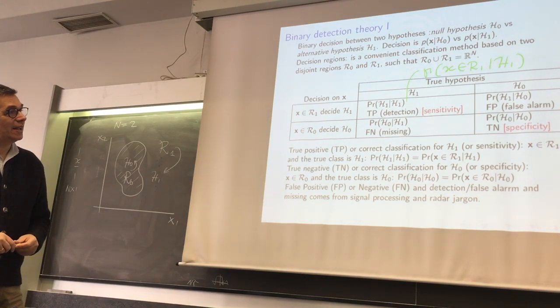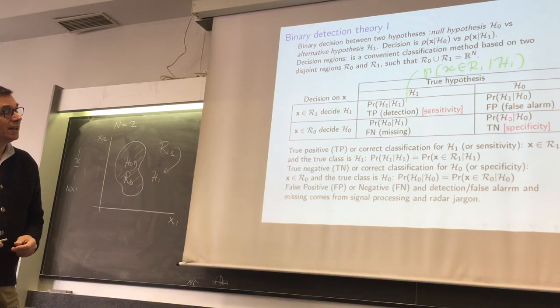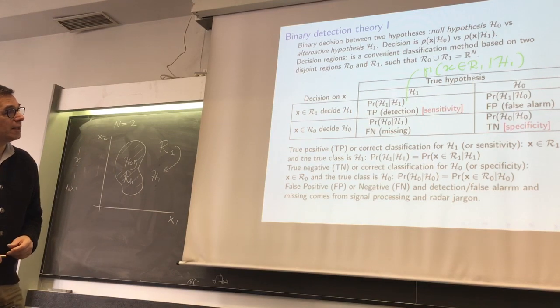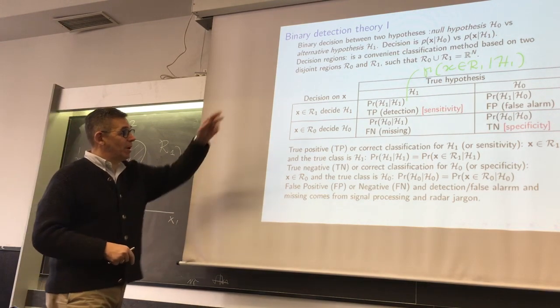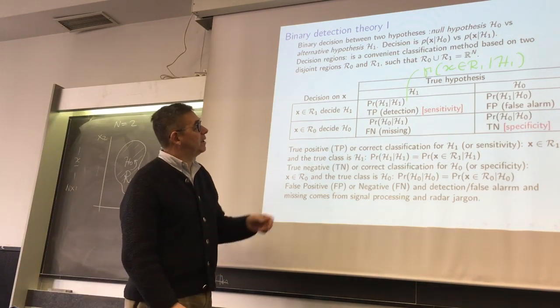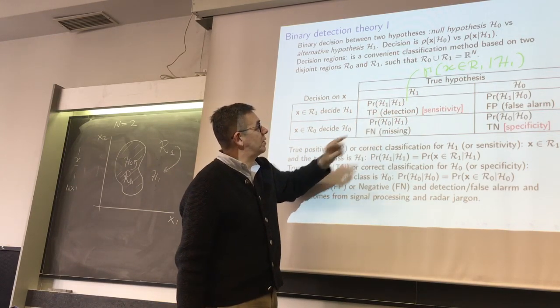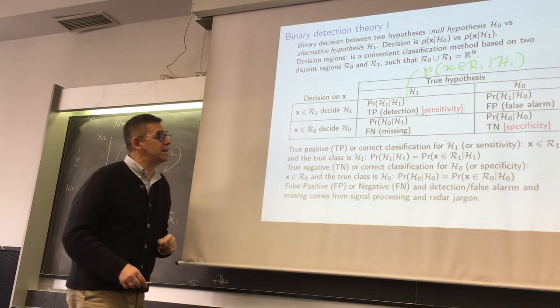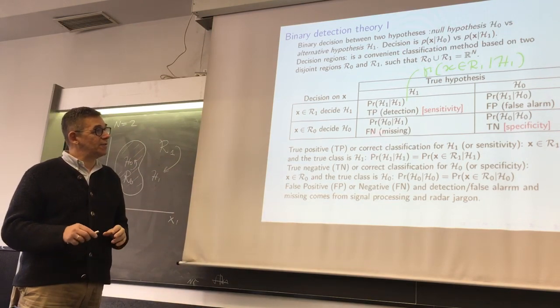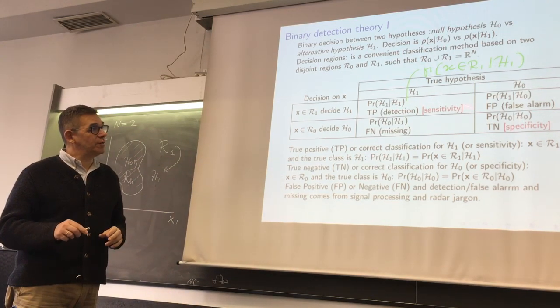And if you decide that you are healthy and you are really healthy, that's perfect. Knowing that these probabilities are normalized, given the probability of H0 and the probability of H1, it's enough that I know a couple of these.